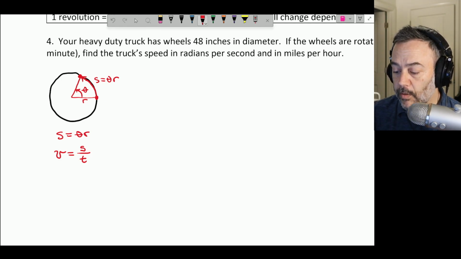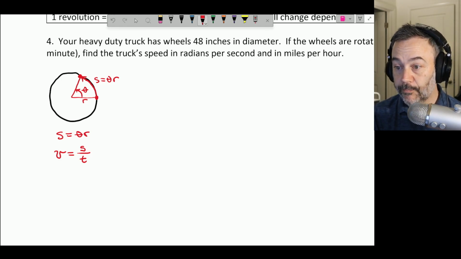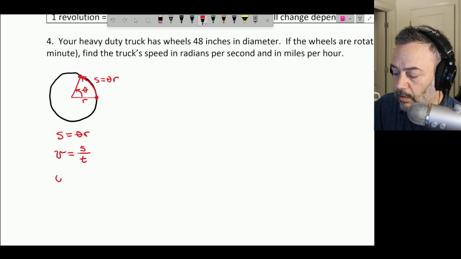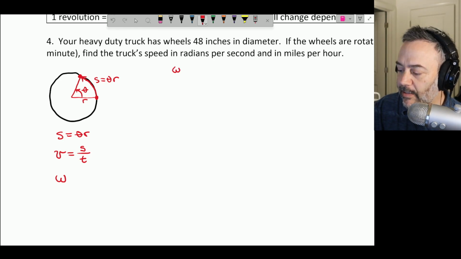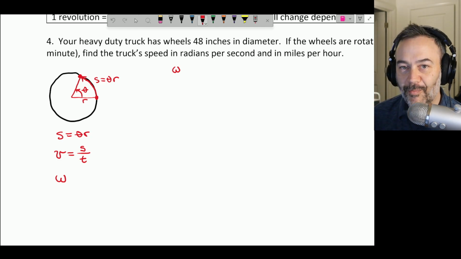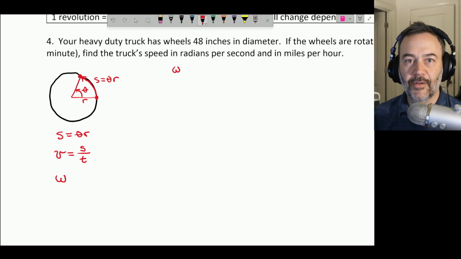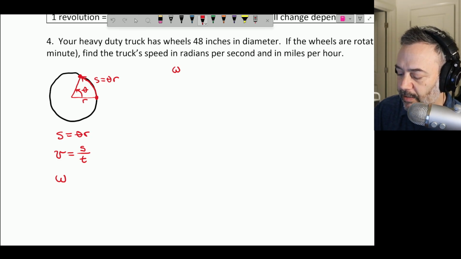But there's a new concept, and that is angular speed. And angular speed is often written with the letter omega. Omega is a Greek letter that just looks like a W. It's got a little bit more curve to it usually, but it's a standard notation for angular speed.